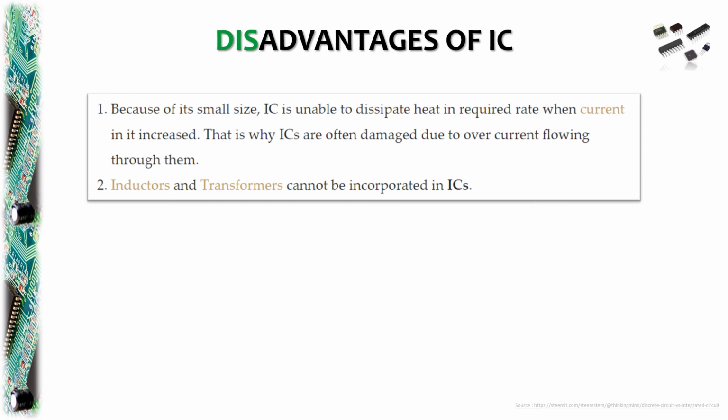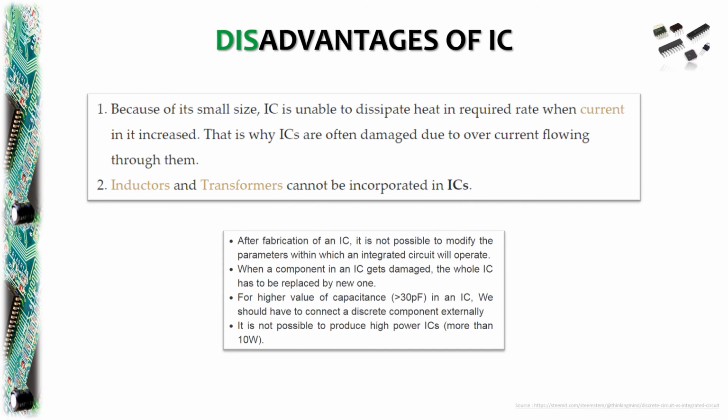And the second disadvantage is that inductors and transformers cannot be incorporated in ICs because of capacitance reasons. And after the fabrication of an IC, it is not possible to modify the parameters within which an IC will operate, because once it is designed and fabricated, we cannot change its parameters.